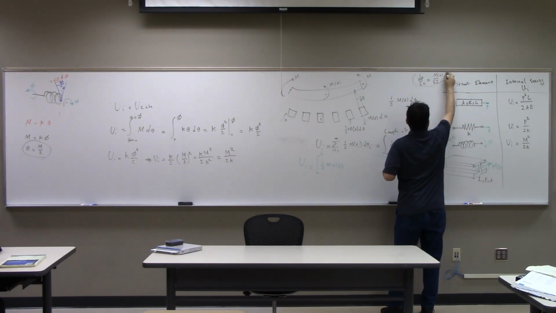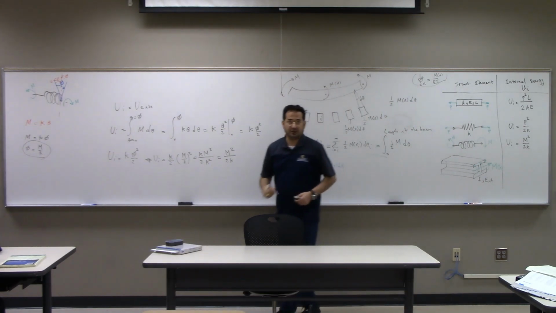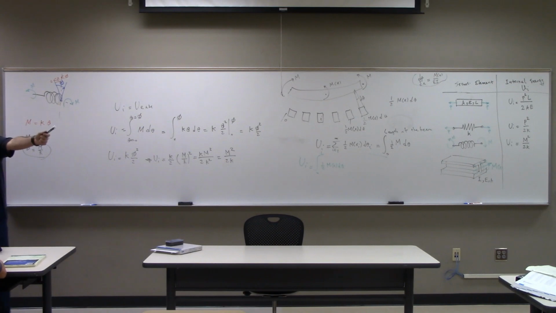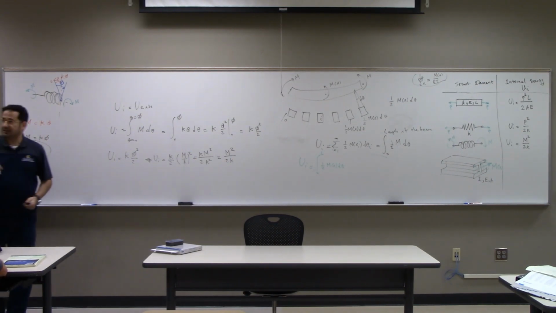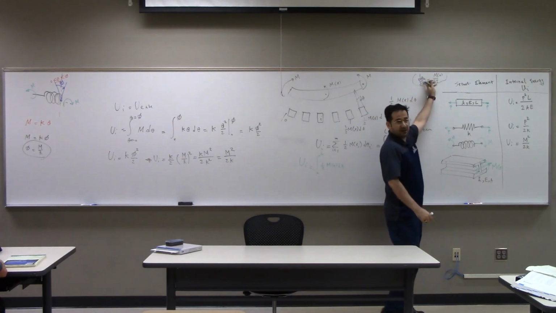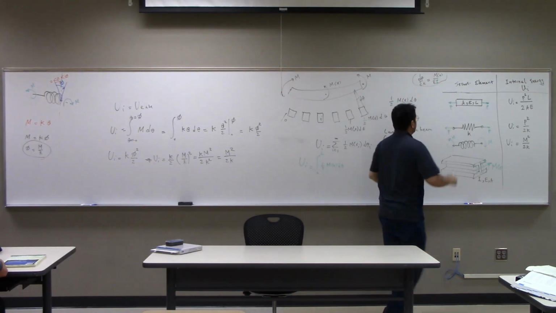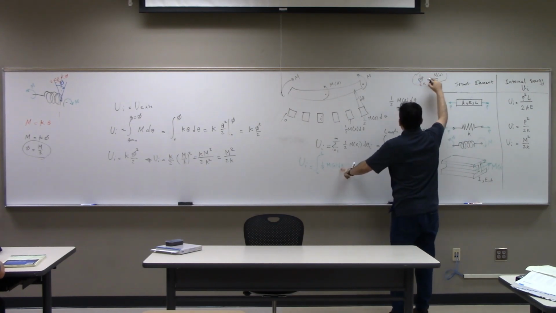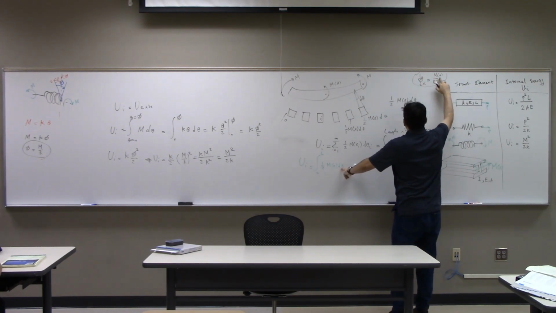I had this relation in the double integration method. That means the first integral of M over EI is the angle, theta. The second integral is v, the deflection. You see the first integral is theta itself, right? So I had this.